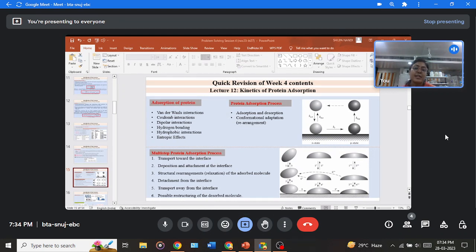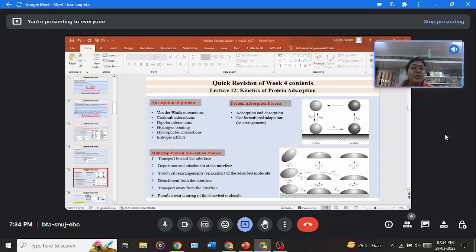This lecture basically talks about the adsorption of protein, that is the mechanism as well as the kinetics of it. Adsorption of protein involves various interactions such as van der Waals interaction, Coulomb interaction, dipolar interaction. Other than that, hydrogen bonding, hydrophobic interaction, as well as several entropic based effects.